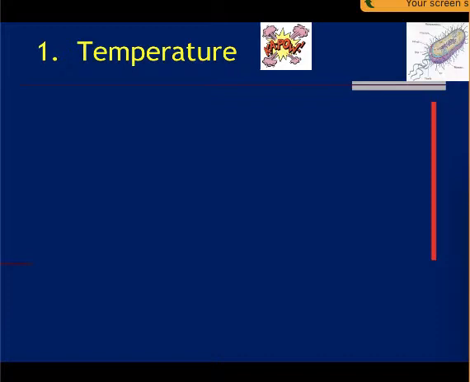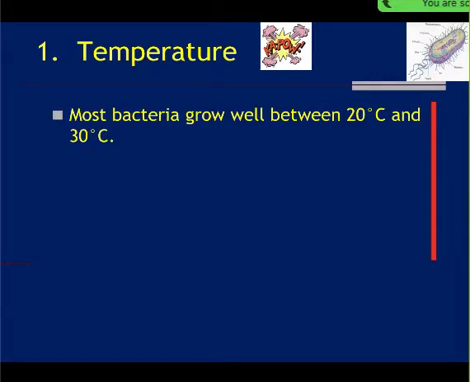So in terms of temperature, what do we think might be the optimum temperature for the vast majority of bacteria? 40 degrees? So for some of them, absolutely. So the ones in your washing powders nowadays have 40.